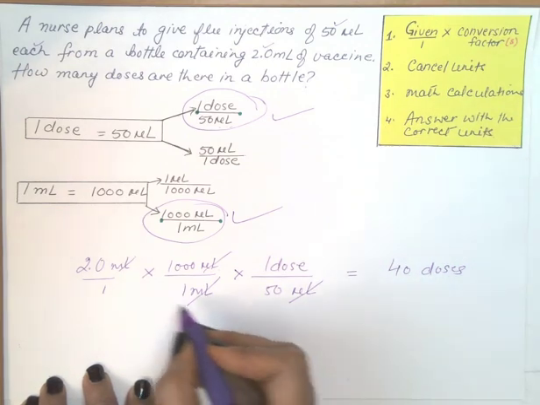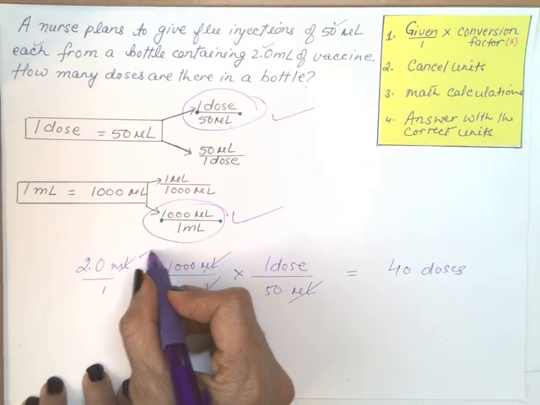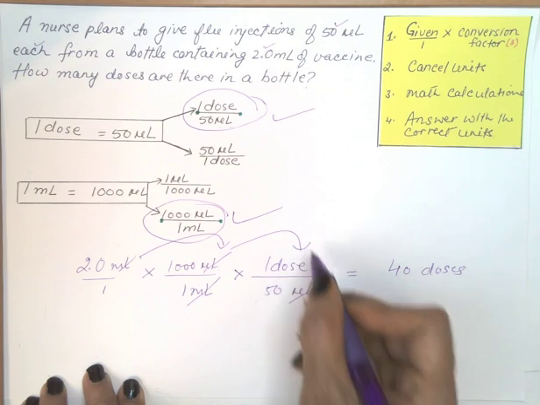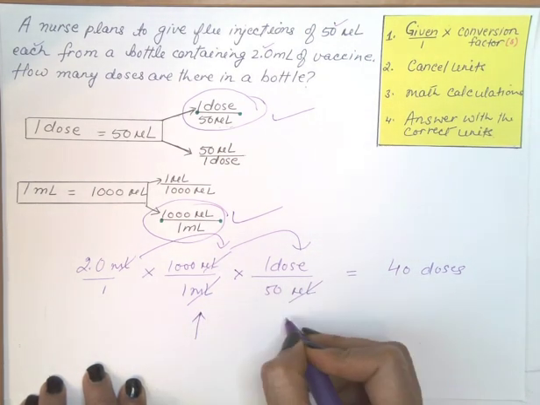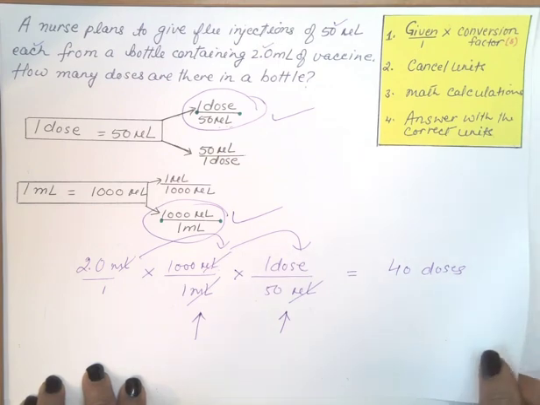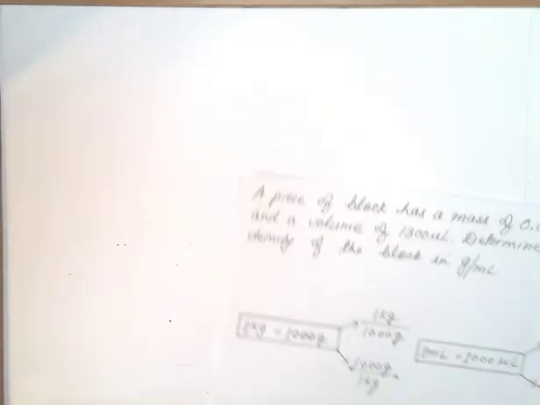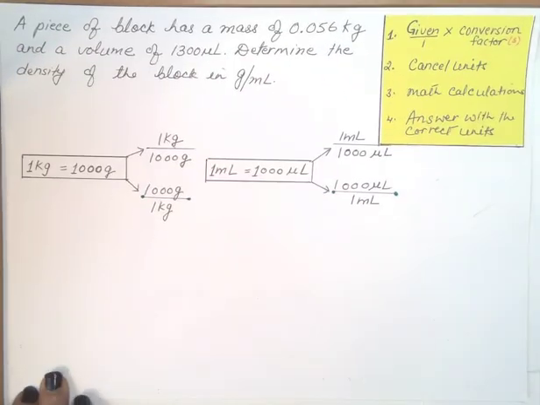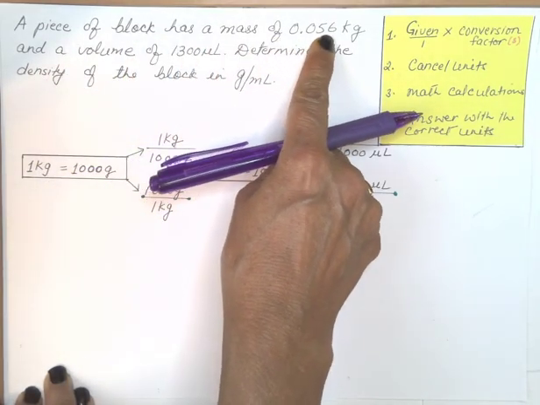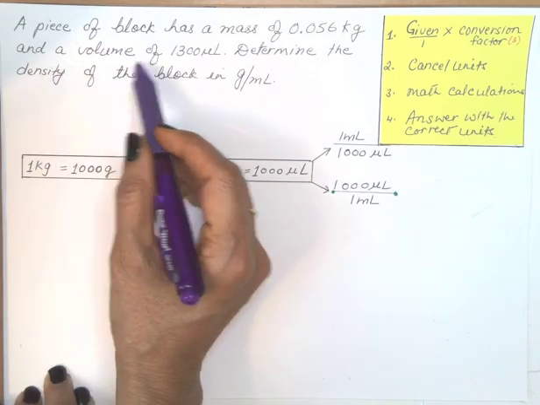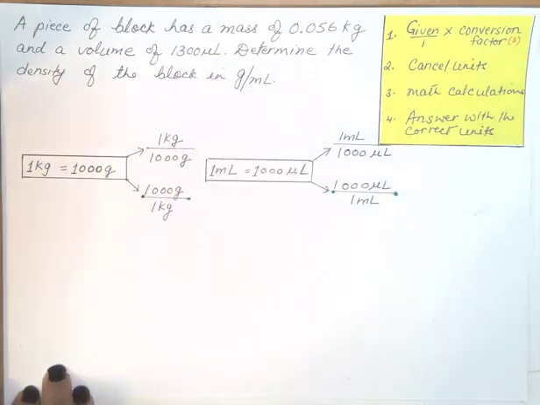So what you did, you went from milliliters to microliters to doses, right? We again were using two conversion factors, 1 and 2. Let's do this one. A piece of block has a mass of 0.056 kilograms and a volume of 1300 microliters.